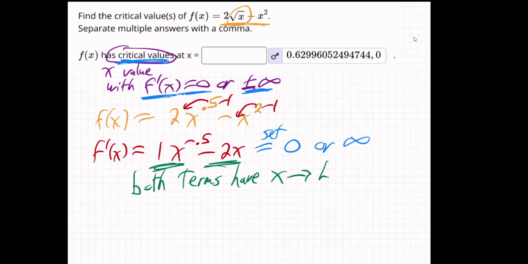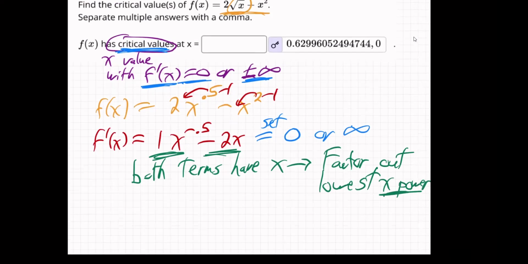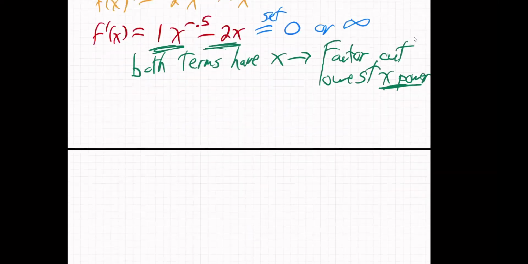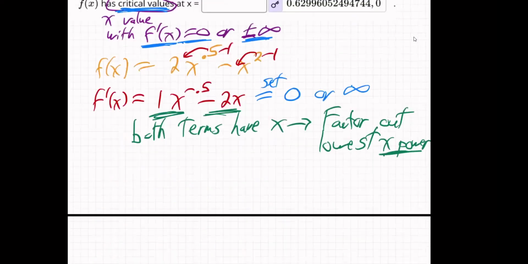So factor out the lowest power. Factor out the lowest x power. So which one of these is lower?